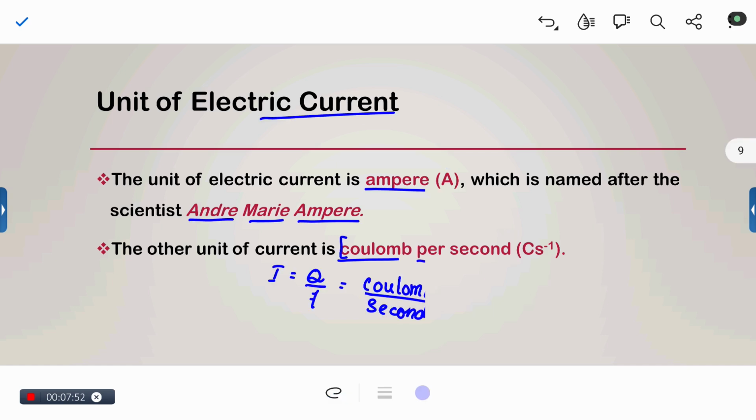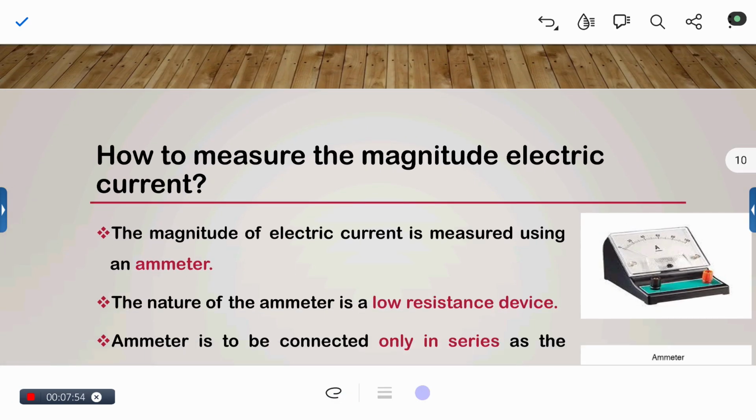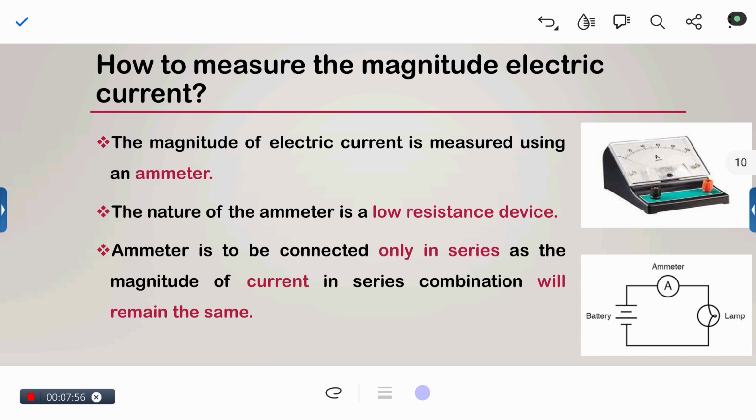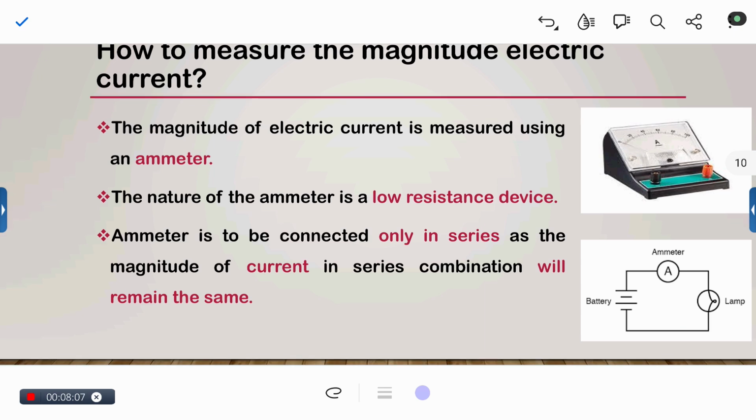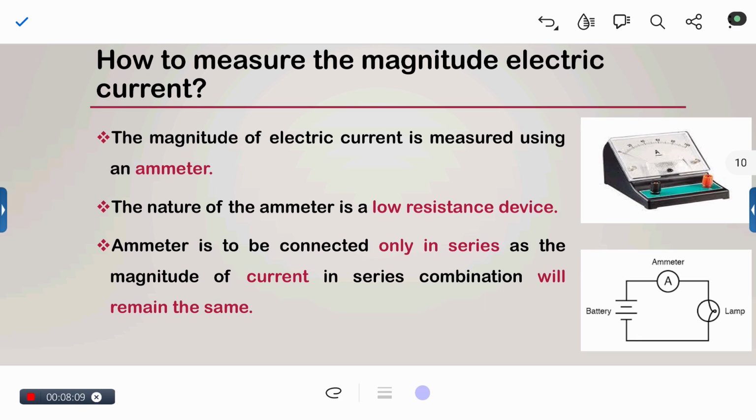Sorry, the next topic is how to measure the magnitude of electric current. Since it is a measurable quantity, we need a device. Without a device, we can't measure the magnitude of current. The device is called an ammeter.